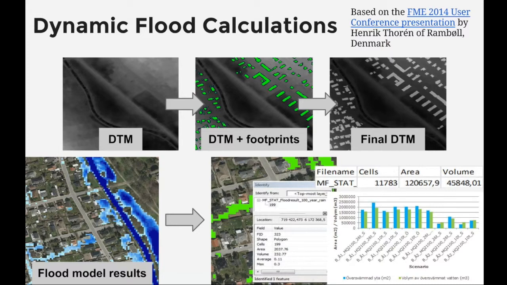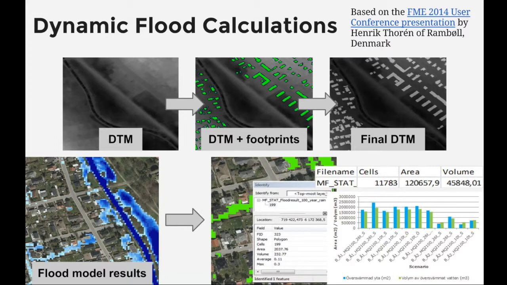These applications can be coupled together to generate an entire flood response modeling. In the presentation, he showed how he's using FME to build a modified DTM, a digital terrain model, for the area of interest that he wants to do the flood modeling.